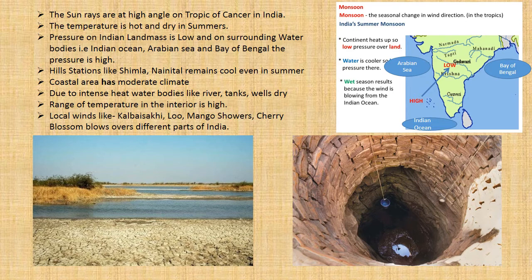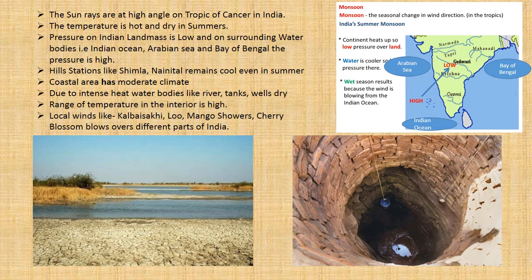But on the hill stations, as we have learned before, due to altitude factor, the hill stations will remain cool even in summer season. For example, Shimla, Nainital, Mussoorie, Darjeeling, and in the southern part, Mahabaleshwar, Ooty, all these places will remain cool even in summer due to altitude factor.